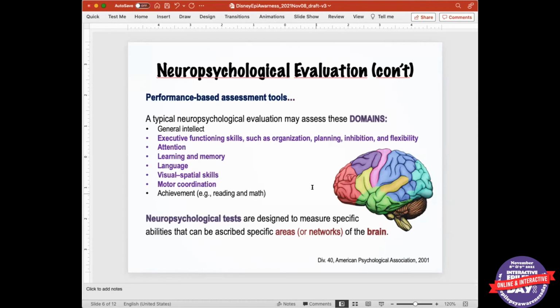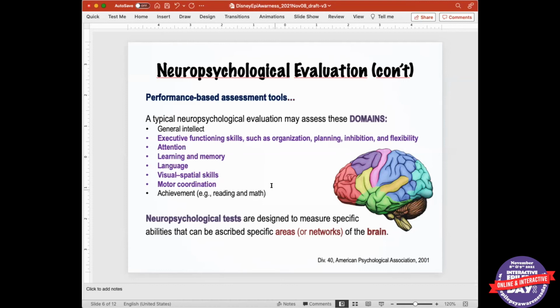I mentioned that we assess these different domains and we look for a pattern across them. An example would be someone with temporal lobe epilepsy, again the most common form, who might have memory problems, which is the most common complaint with that kind of epilepsy.